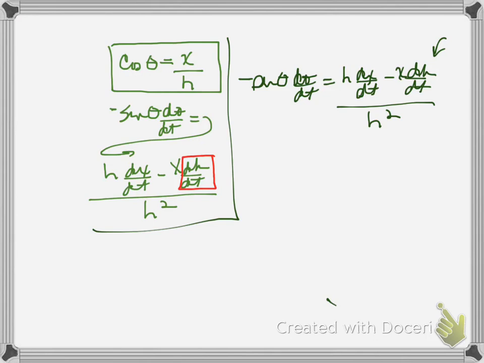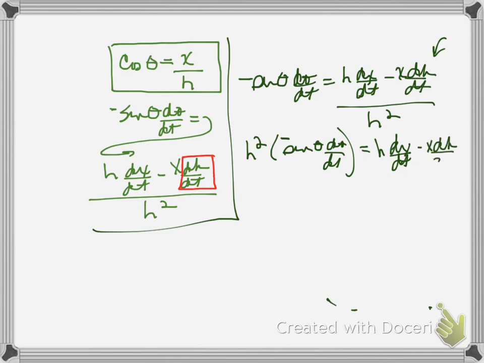So how about if we do our cross products? We're just going to say h squared times negative sine theta d theta/dt is going to equal h dx/dt minus x dh/dt.